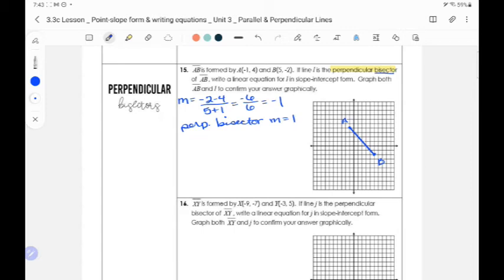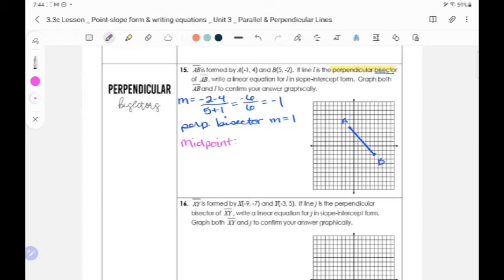The other thing that you might not remember, but think early in the year, if something is a bisector, that means it cuts it in half. So we need to know what point is the middle of this line. See, we need to know the midpoint. And actually, I realize I just took the time to write that out, but let me change color of my pen here so that things will show up more easily to see. The midpoint, remember for midpoint, we just add the x's, divide by 2, add the y's, divide by 2.